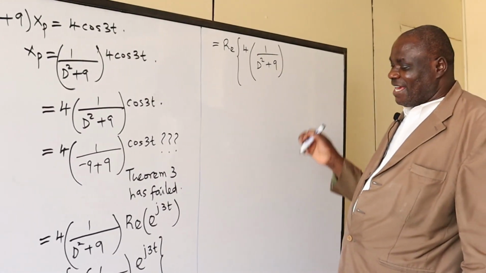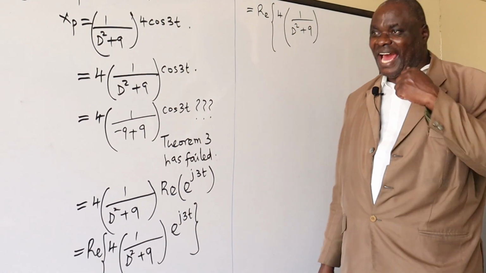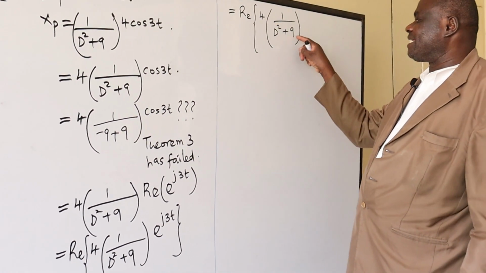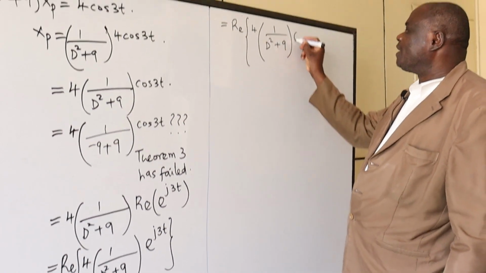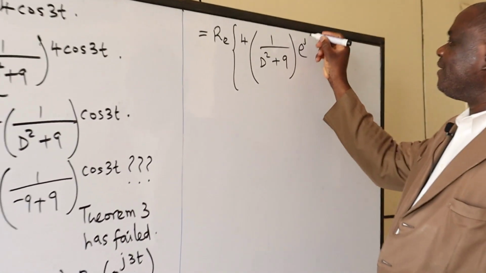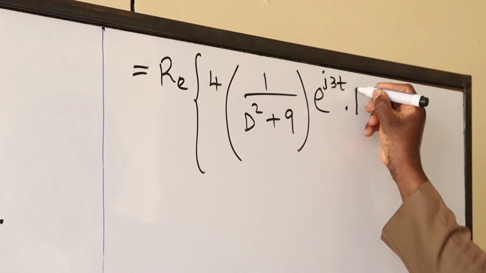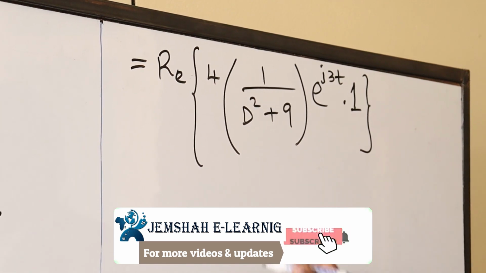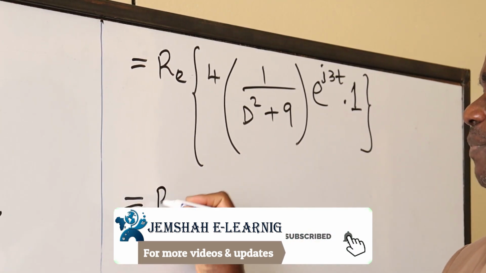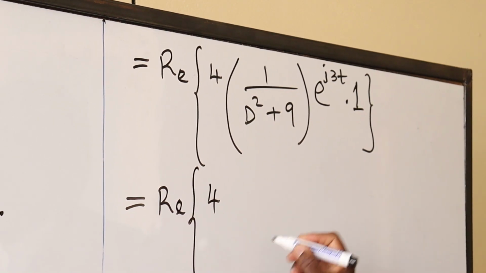Since j3 will be our a, when you square j3 you get negative 9. Negative 9 plus 9, Theorem 1 will also fail. So we simply move to application of Theorem 2. So this one multiplies 1.